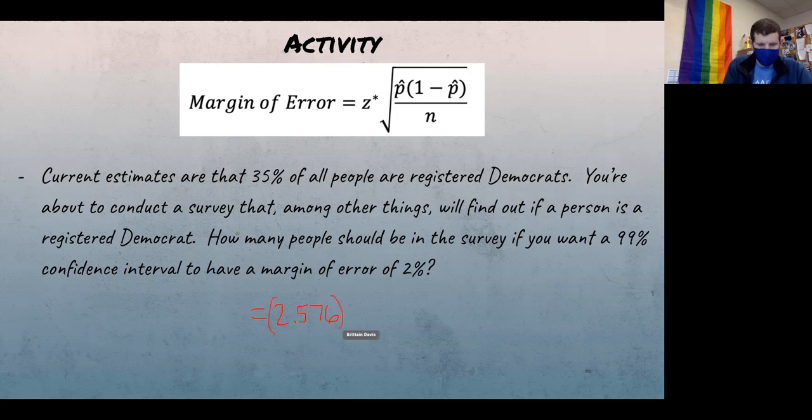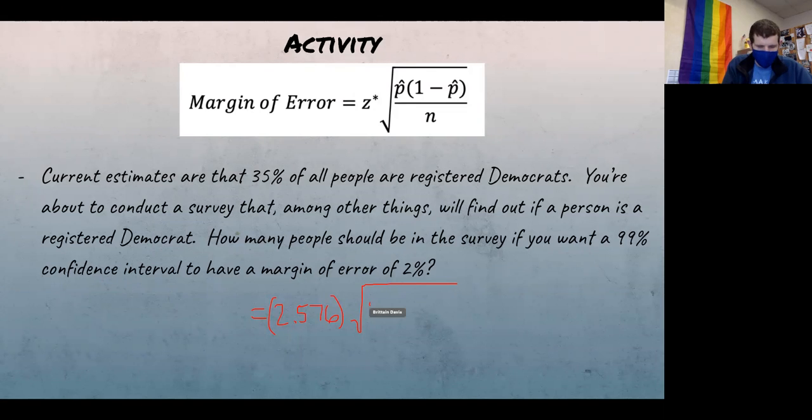We've plugged in our critical value. What else could we plug in? The true value, the 35%. All right, and here they do have a prediction of a p-hat, a prediction of the true population parameter. So we can actually use that. So there we go.